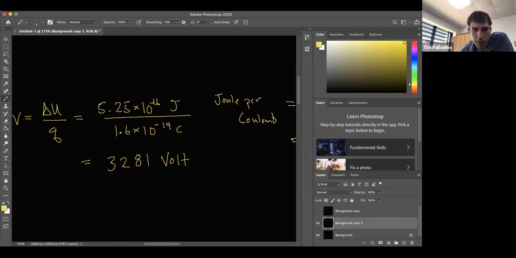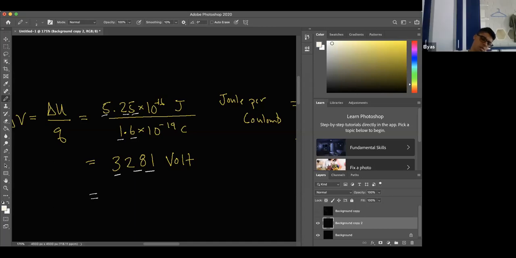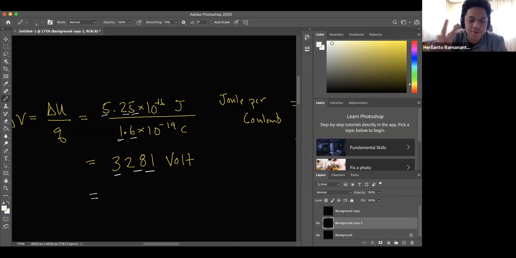Now, one other thing. How many sig figs should I include in my answer? Because I'm going to start to push significant figures. So I have 2 here and 3 here. How many should I have here? Two.